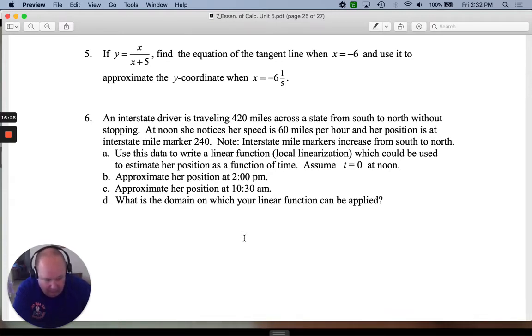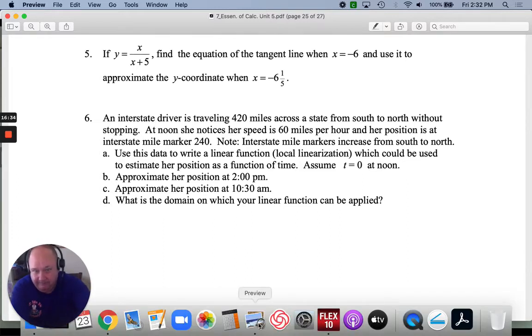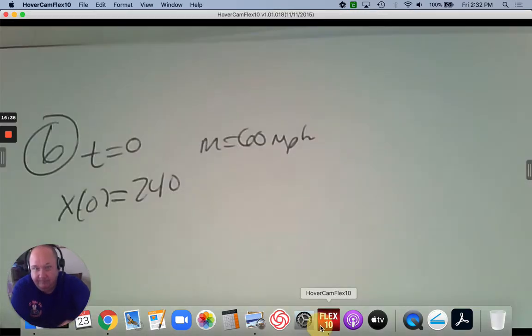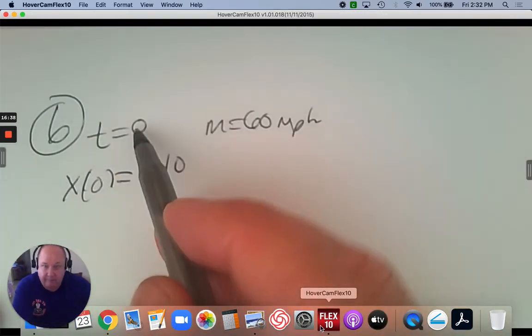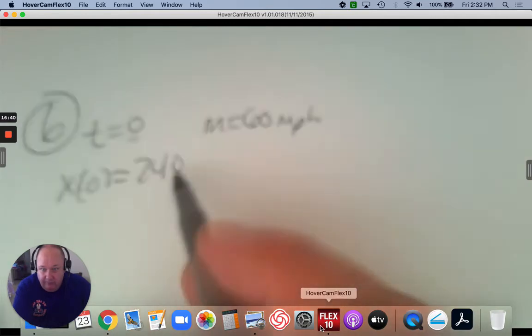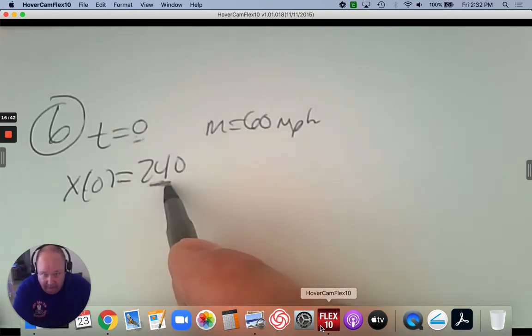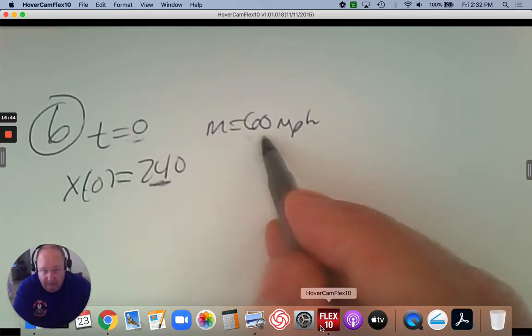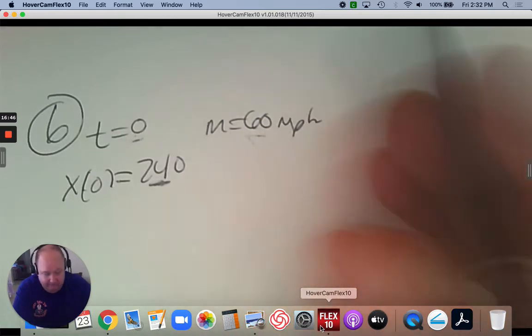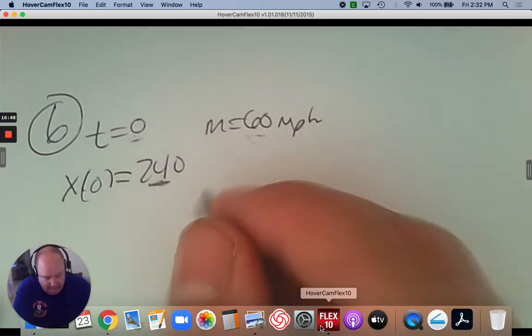If we're going to write a linear equation based on that position: at noon, we said t is 0, the position she's at is 240, and the speed she's going is 60 miles per hour, which is the slope.